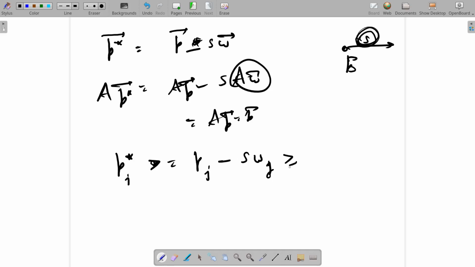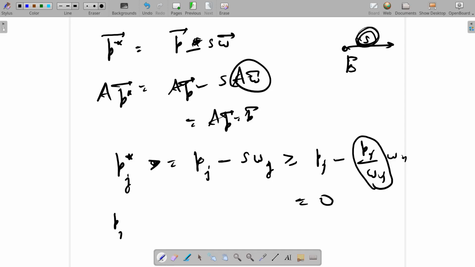So this is bigger than or equal to Pj minus Pj over Wj times Wj. Yeah, that's because S is always going to be less than or equal to Pj over Wj. S was the minimum of all those things. So minus S is going to be bigger than or equal to minus of that. And so this is 0. So we have Pj star is always going to be bigger than or equal to 0.